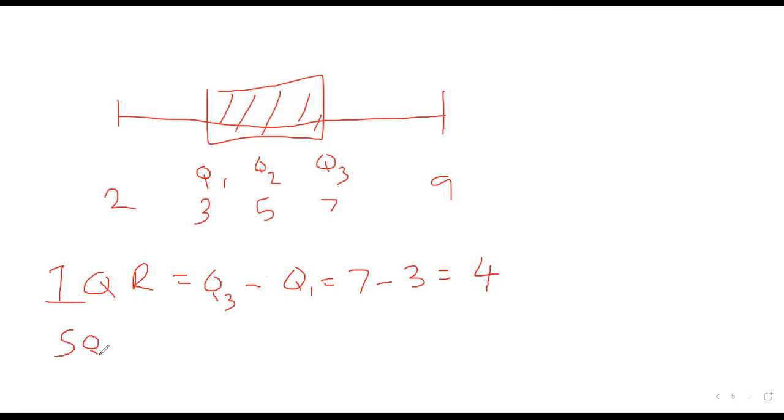Semi-quartile deviation is half of the interquartile range, half of 4, which is 2. This is called our semi-quartile deviation.